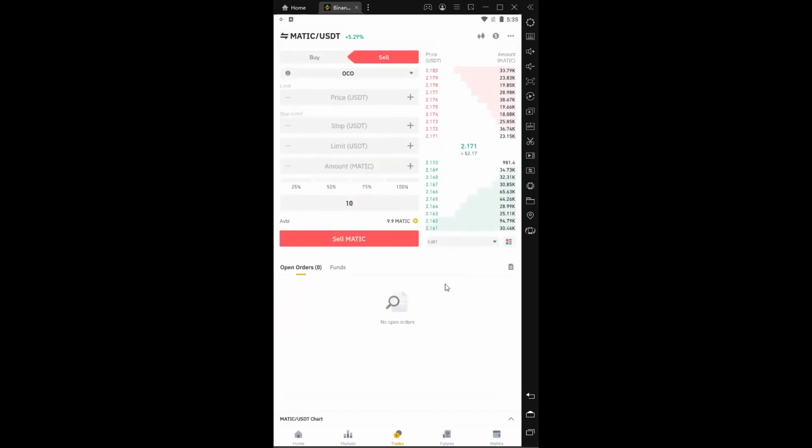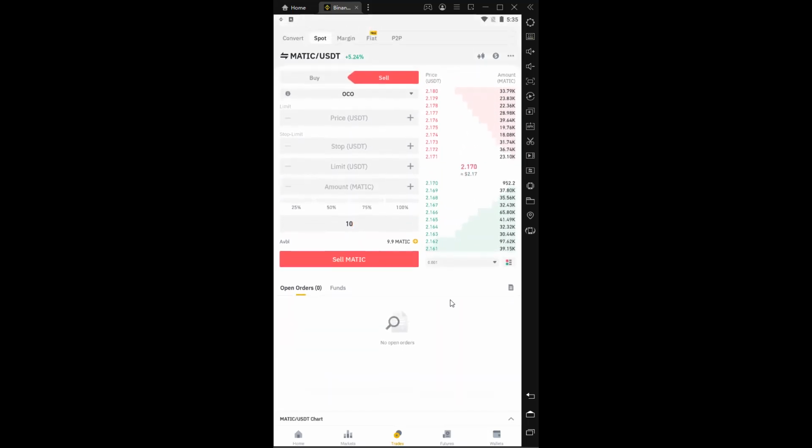Is there anyone still having problems understanding the OCO or stop loss or stop limits? Please, if you don't get that, kindly type it in the comment box so that I will know. Okay, fine.